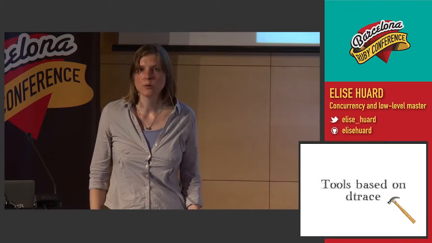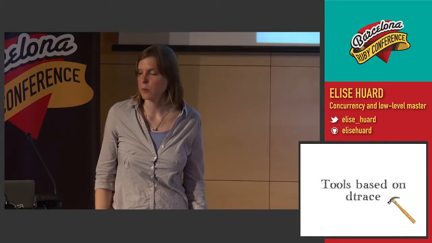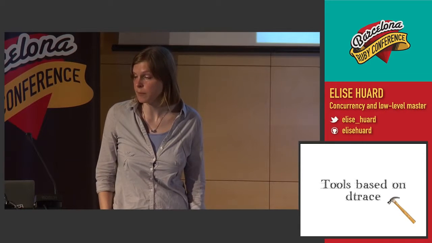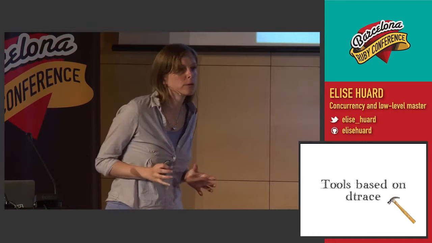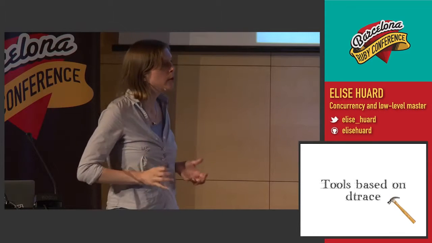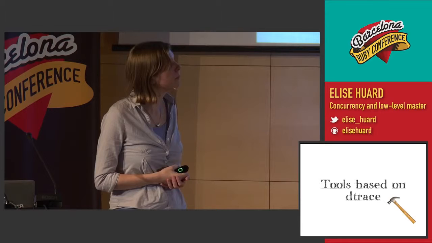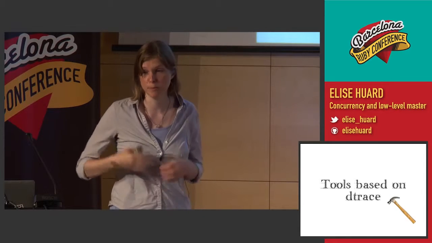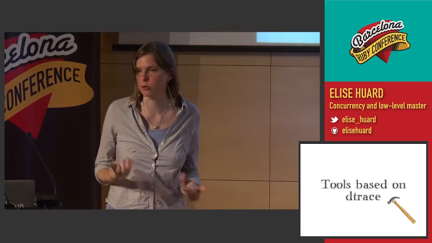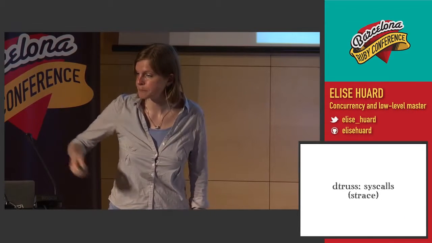There are a number of tools based on dtrace available mostly on Mac. They're basically wrappers around dtrace, showing you a number of system probes, if you will, but where you don't have to write a script. You can just use them out of the box.